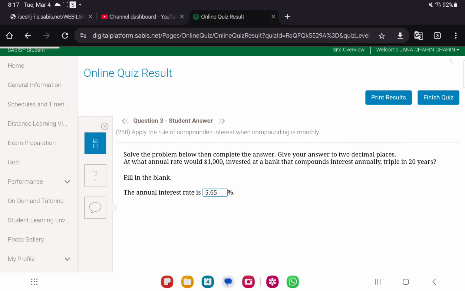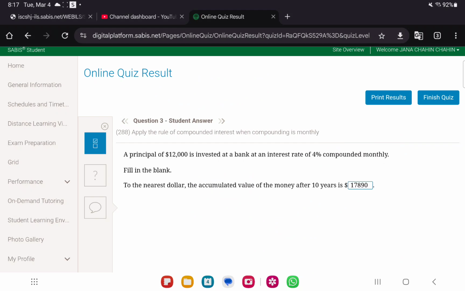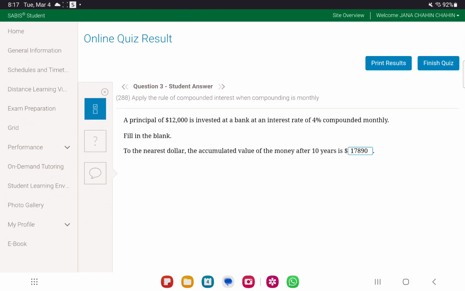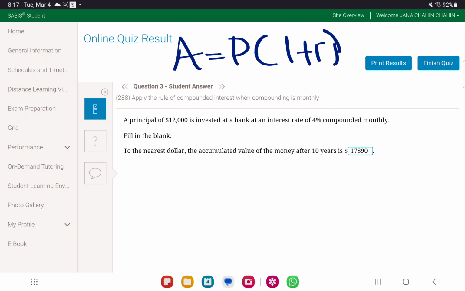Now third question. Here it's the same rule. A equals P(1 plus R) to the power of N. The principal is 12,000.